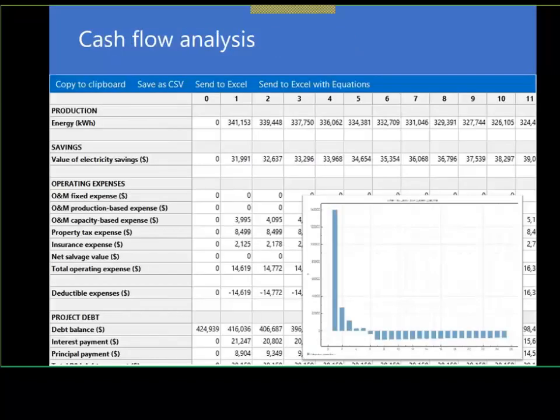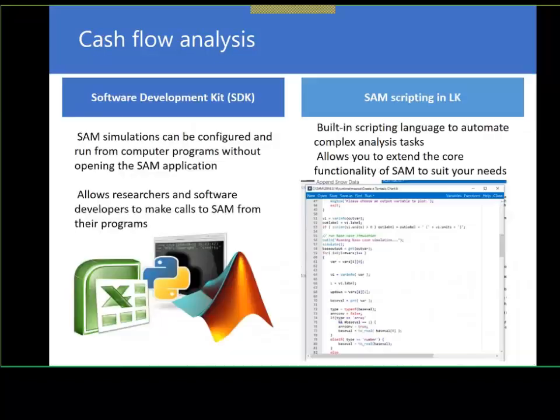And then we have a fairly detailed pro forma cash flow, so you can use SAM for cash flow analysis. And we have tools so you can export the cash flow to Excel to do additional manipulation of the numbers to calculate various metrics. And then just a quick mention that you can extend SAM.